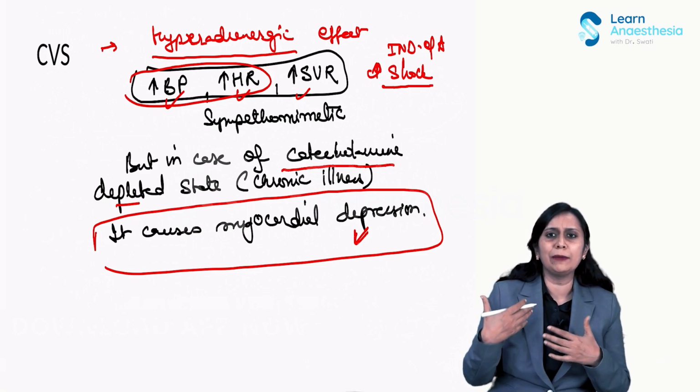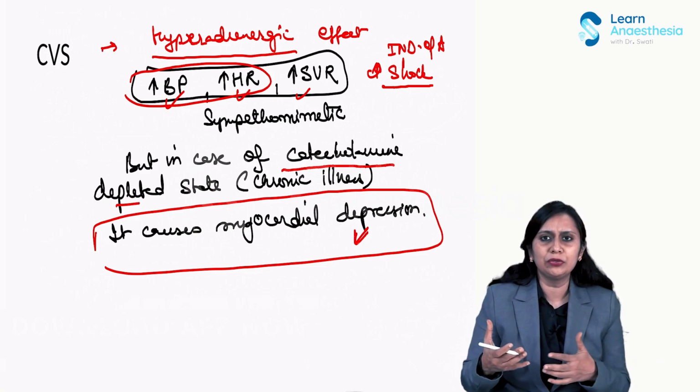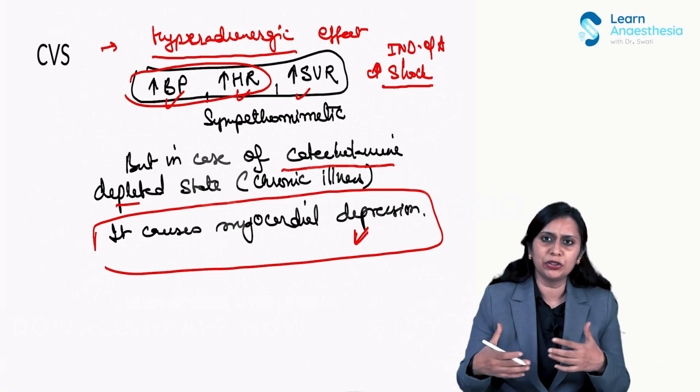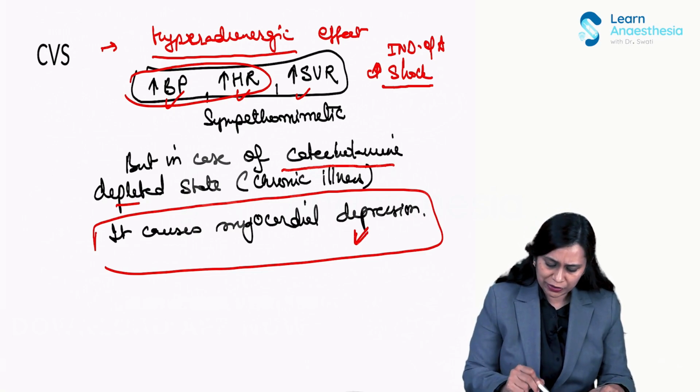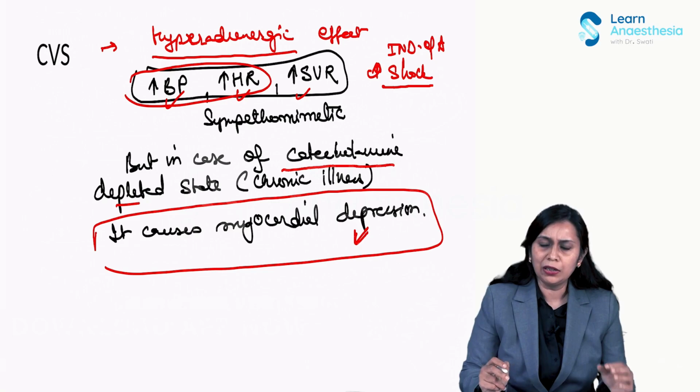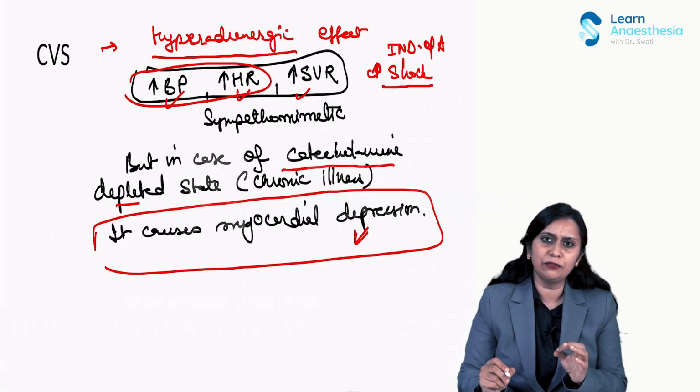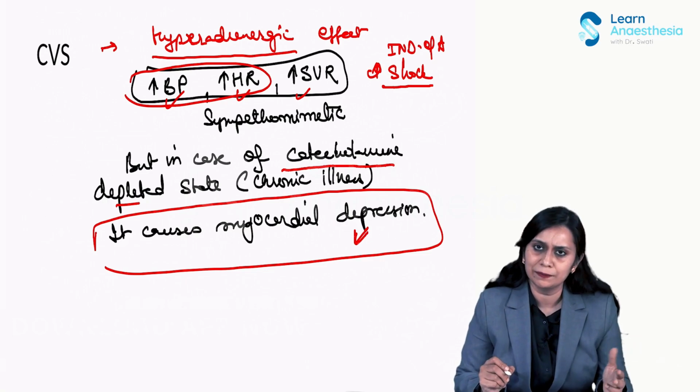Just because of hyperadrenergic effect, it produces an increase in blood pressure, heart rate, etc. Because it increases blood pressure and heart rate, it is not a very suitable agent for cardiac patients, especially a patient with ischemic heart disease, right?